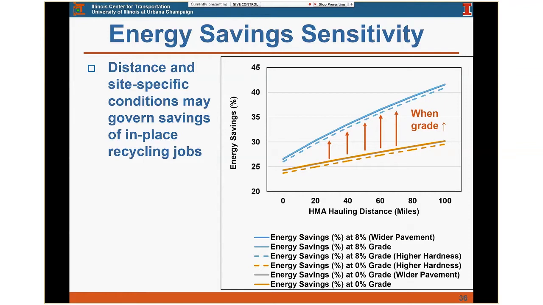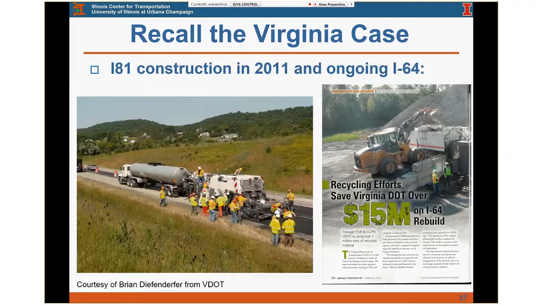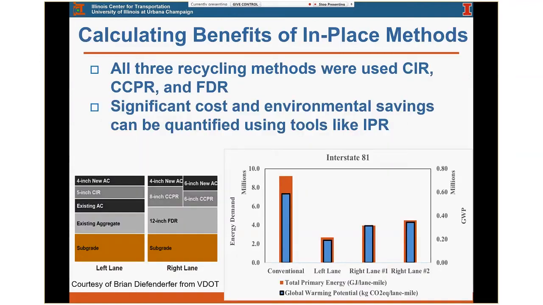And now the Virginia case, I think Dr. Al-Qadi mentioned this at the very beginning of his presentation. This was a study where we collected some data from Virginia DOT, and it will be a part of this Federal Highway Tech Brief. It was a construction on I-64 and I-81, and it included cold-in-place recycling, cold central plant recycling, and FDR.